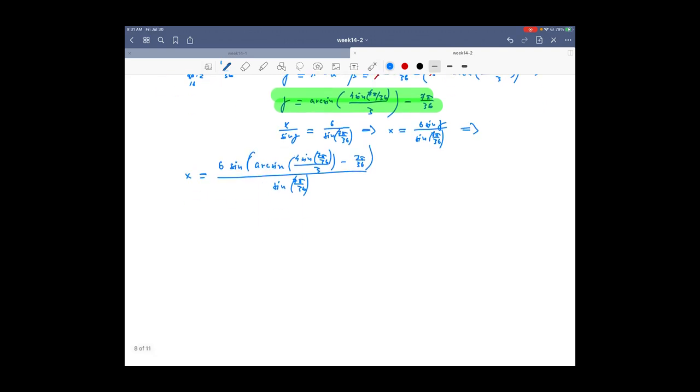And you can probably simplify this, although the expression is likely to have square roots at the end.